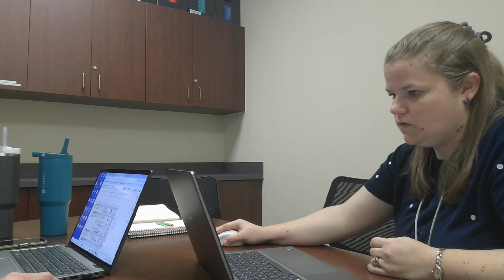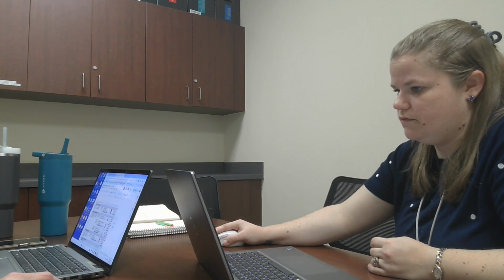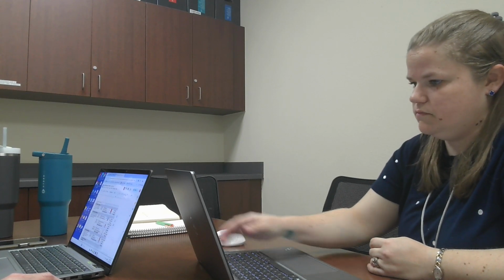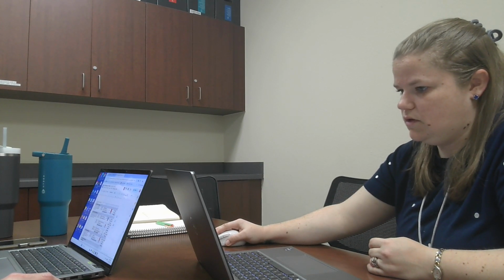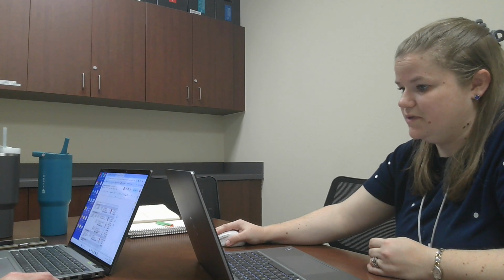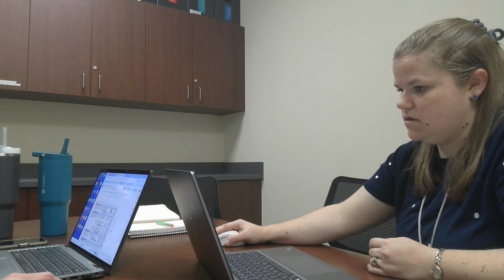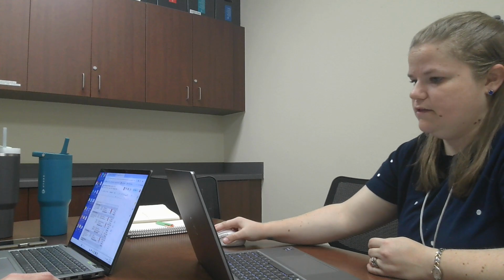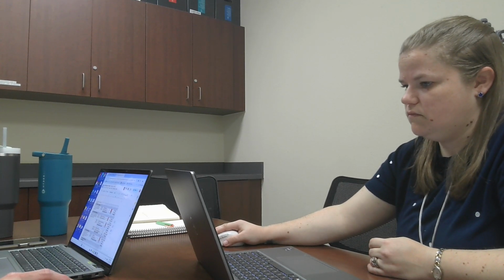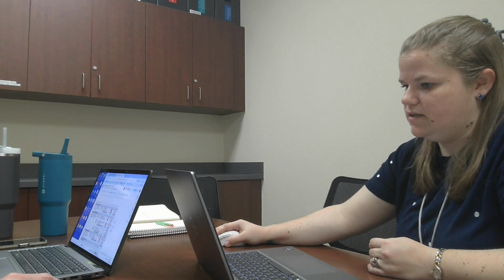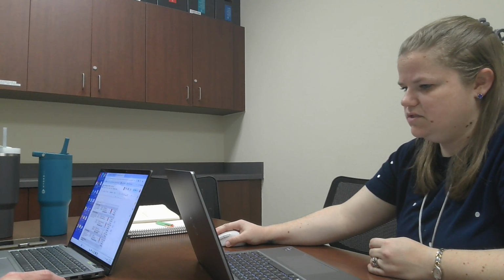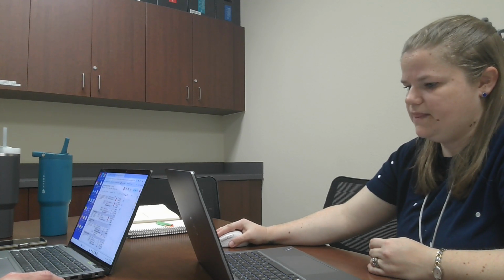And then digit span forward is a 90. And then digit span sequencing, 75. And then letter number sequencing. We didn't give that one. Okay.